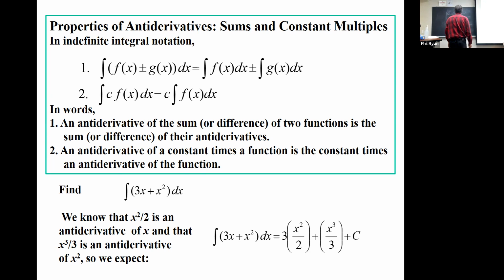Okay, and so this tells us straight away that the integral of a sum is the sum of the integrals.